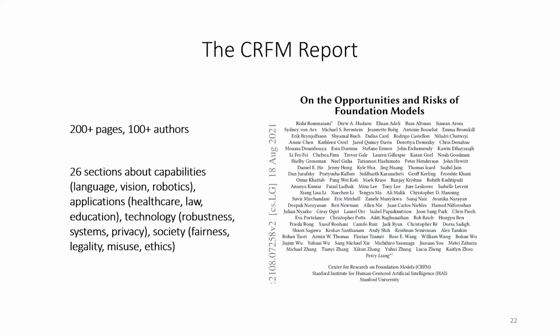And last year, we put out a report on the opportunities and risks of foundation models. So it outlines a lot of different capabilities and opportunities of how we can use these models or how we can train them better, and applications across various sectors: technology, society, healthcare, et cetera. It's a long 200-page report that talks about a lot of these different issues.